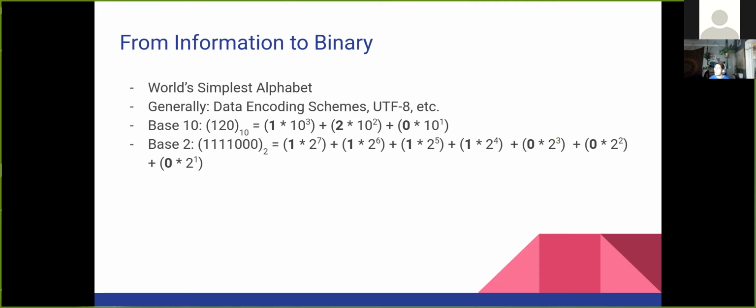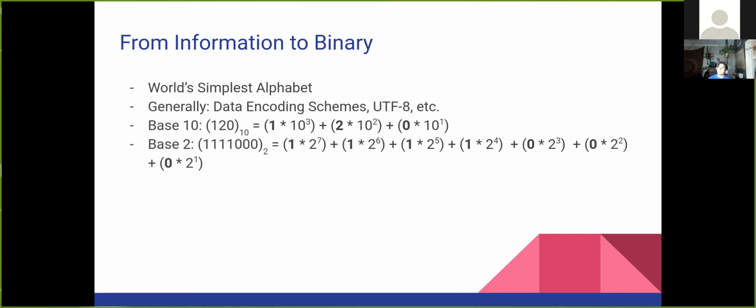And so we have the base 10 number system, which is very familiar to all of us because we count to 10 on our fingers and then we start over. Of course, we add another digit on the left-hand side to continue counting in base 10, right?